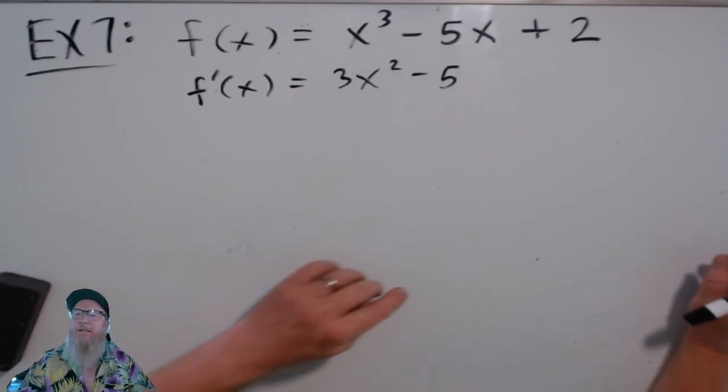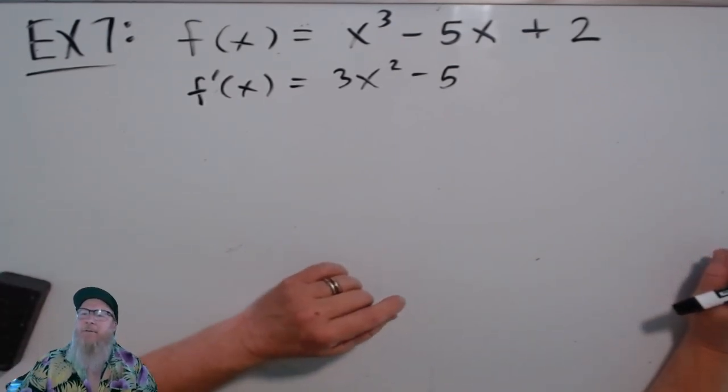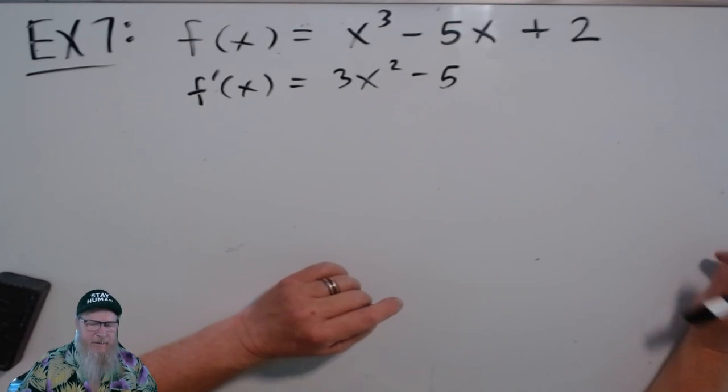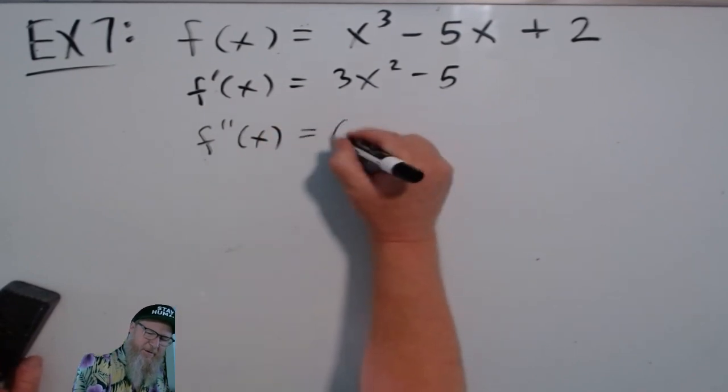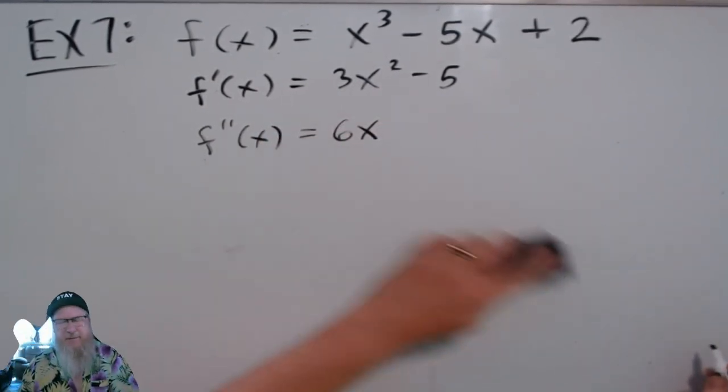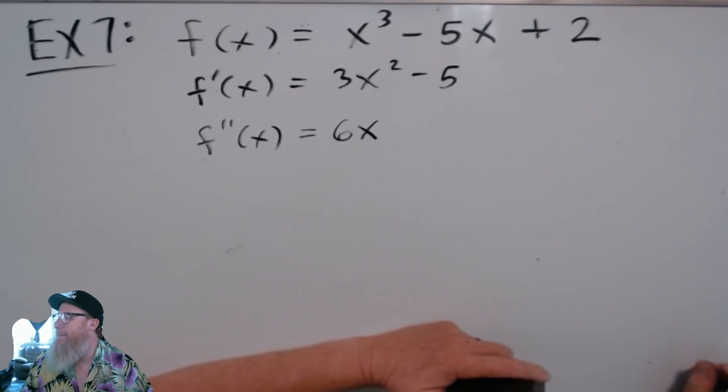That was almost too easy, yeah? 3x squared minus 5. Let's go ahead and take the second derivative. 6x. Also pretty easy, yeah?